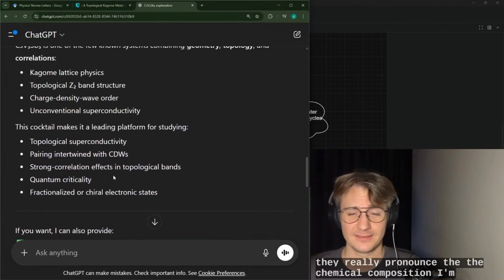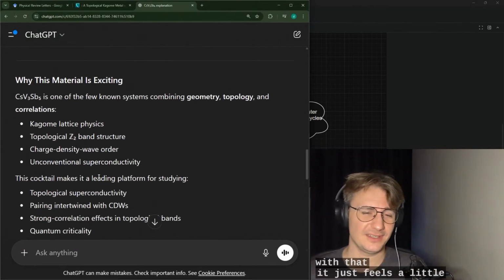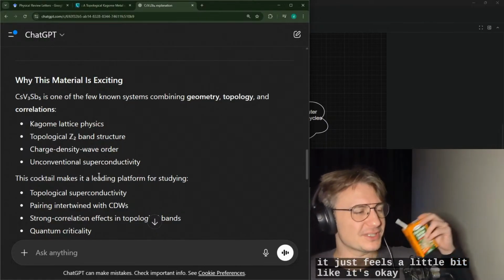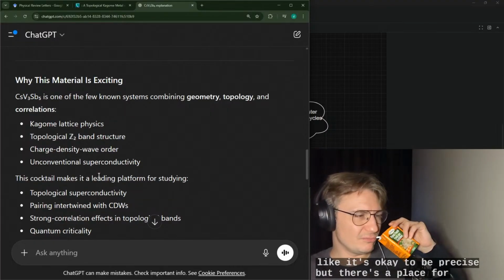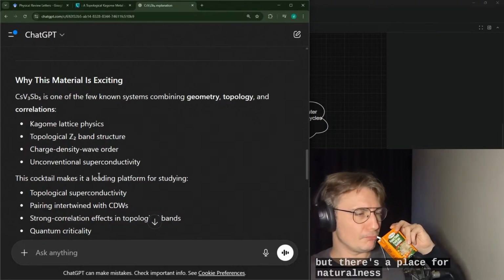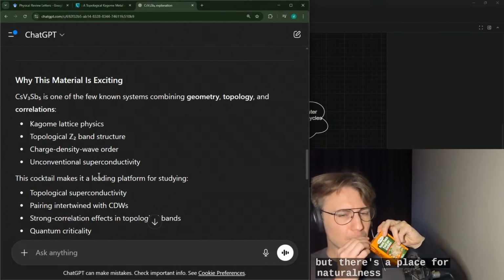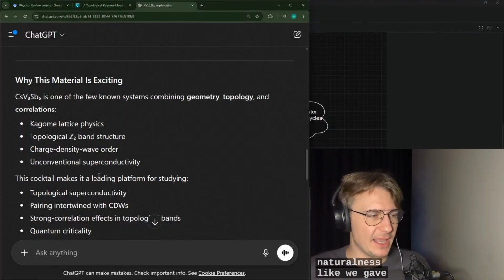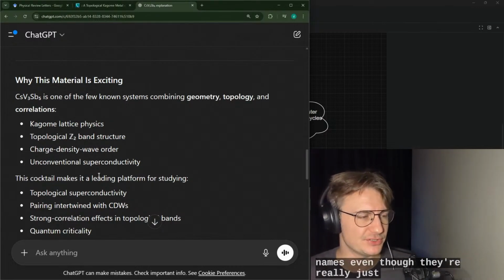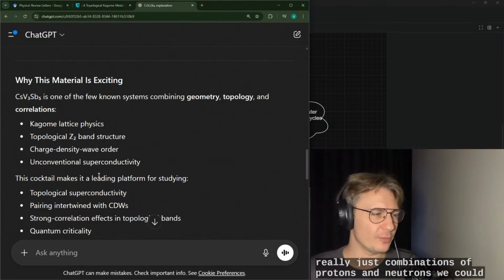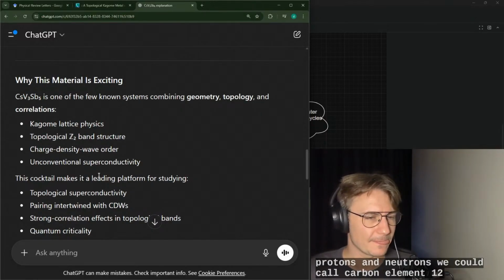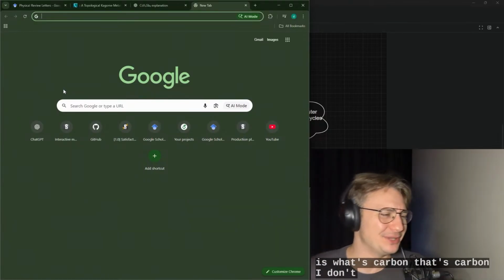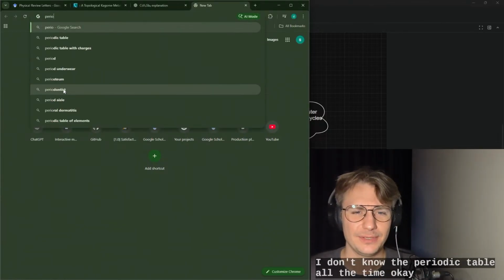I'm fine with that. It just feels a little bit like, it's okay to be precise, but there's a place for naturalness. Like, we gave all the elements names, even though they're really just combinations of protons and neutrons. We could call carbon element 12, or 16 or whatever it is. I don't know the periodic table all the time, okay?